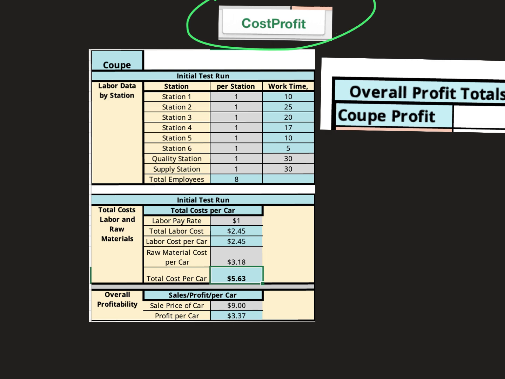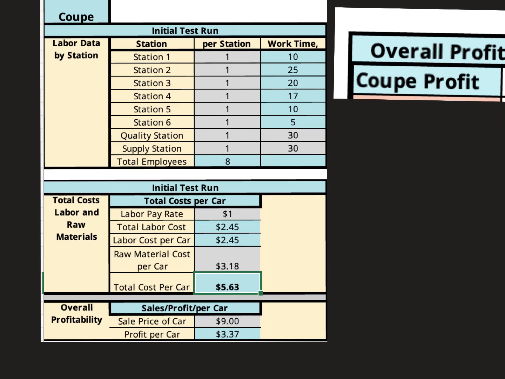So what the spreadsheet does is it multiplies. We've made a labor pay rate of $1 per minute, and we've already accounted for it being turned into seconds. So it basically multiplies the number of workers you have times the amount of time that they worked total, which gives you the total labor cost.